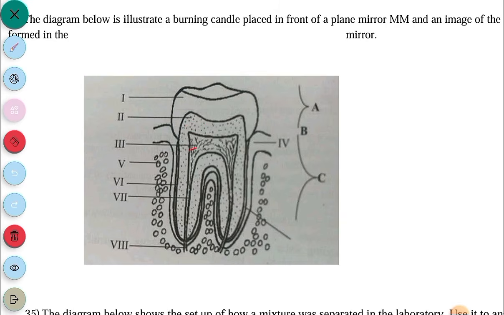Then III is a pulp cavity. Then IV, and this IV, IV is the gum. Then V.